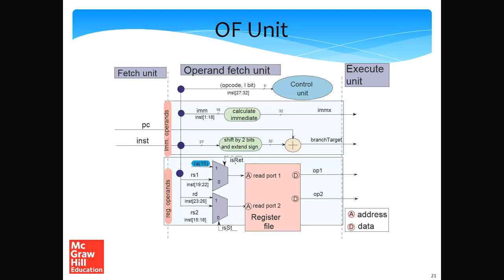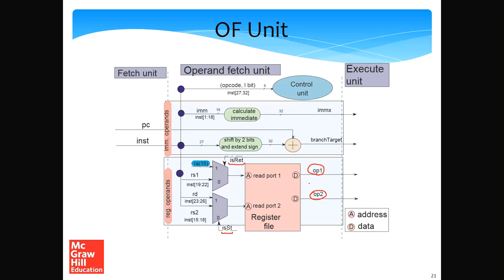It takes two control signals as input, is ret and is store. And there are two outputs, op1 and op2. So depending upon the instruction, they can contain different things.